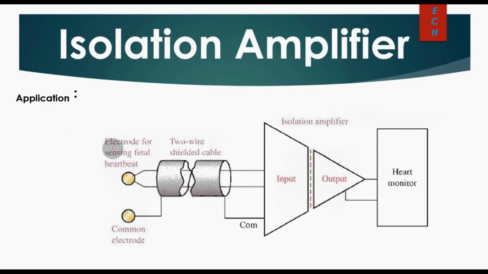This is the electrode for sensing a fetal heartbeat, and this is the common electrode. And then we have a two wire shielded cable, and then we have an input stage, and then we have an isolation amplifier, this is isolation barrier, and then we have output stage, and then this is finally the monitor. After the signal processing you can see the heartbeat. Okay, heartbeat monitoring.